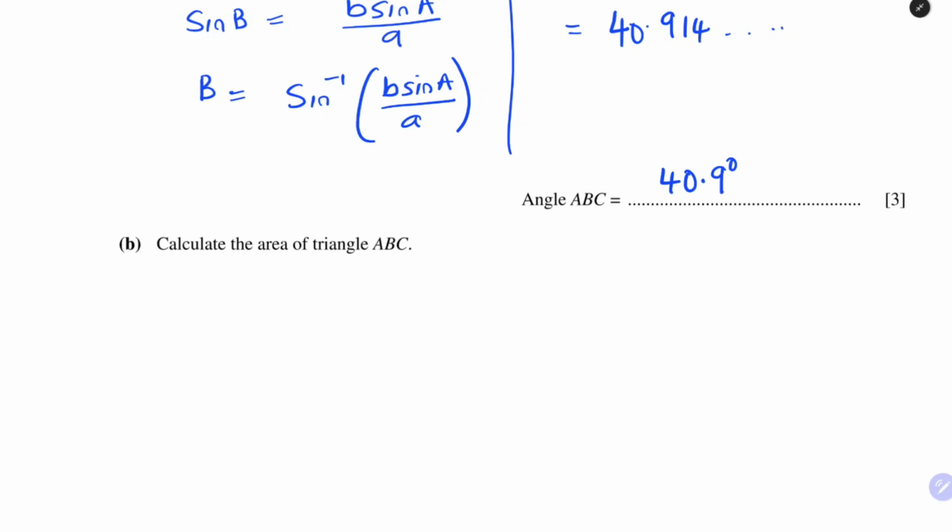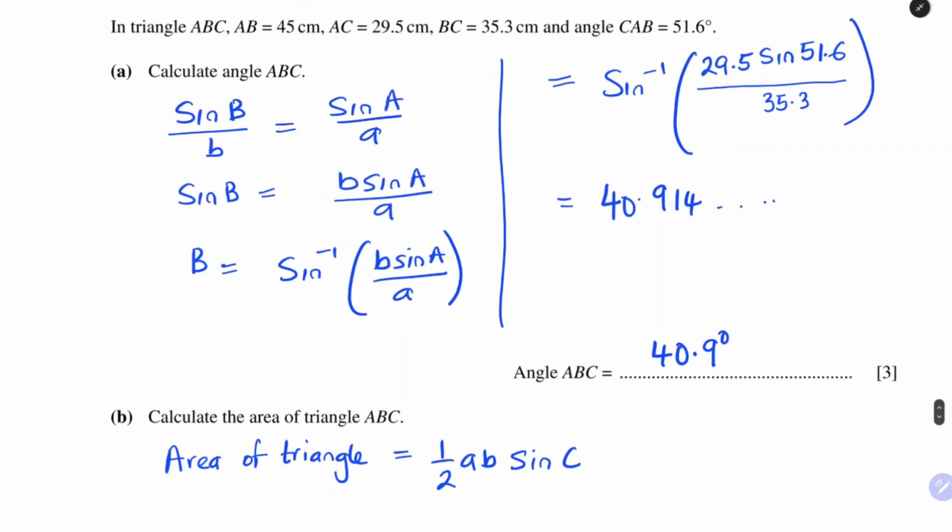Now let's move on to the final question here. We have been asked to calculate the area of triangle ABC. The area of a triangle is given by 1/2 ab sine C. Now, don't be so fixated on it having to be a and b.